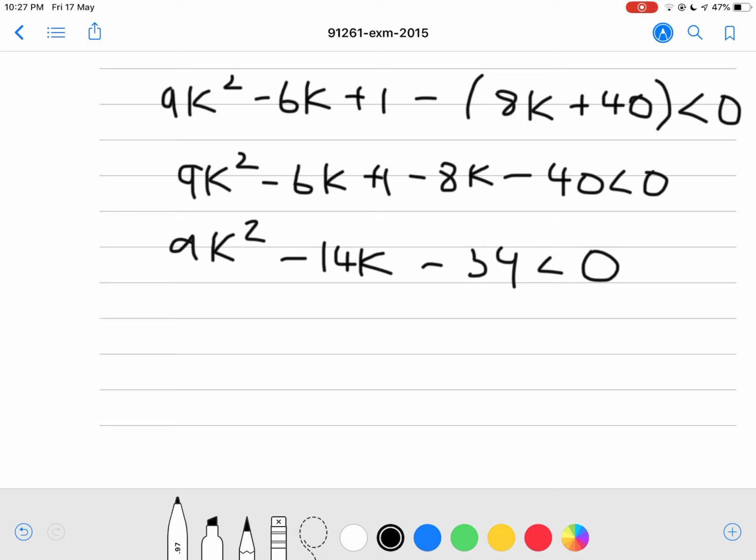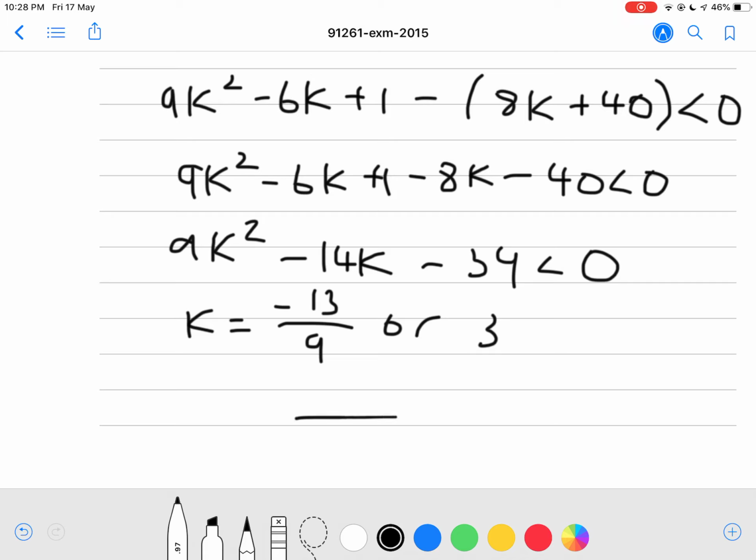Plug into our graphics calculator 9k squared minus 14k minus 39, and that should give us k equals negative 13 over 9 or 3. So when k equals negative 13 over 9 or when k equals 3, it equals 0, but we want it for when it is less than 0.